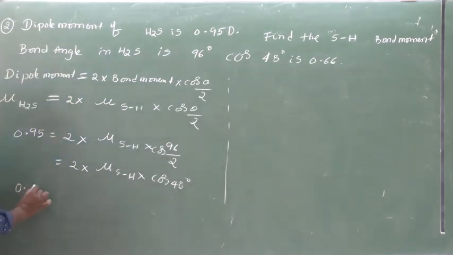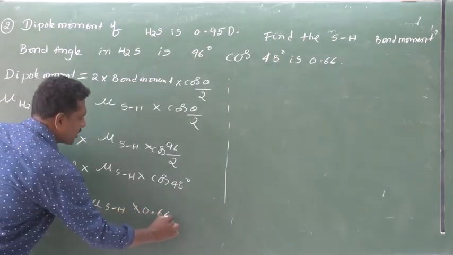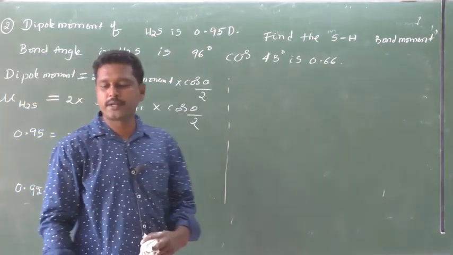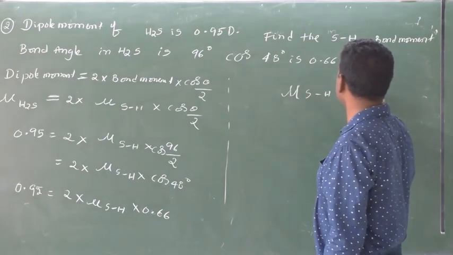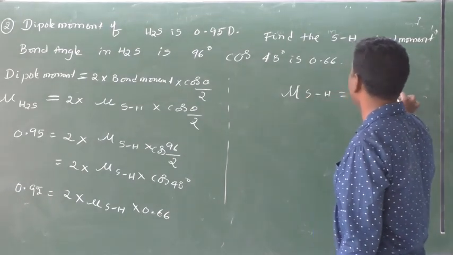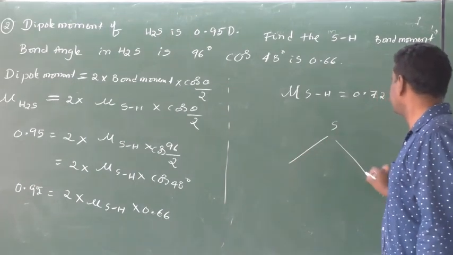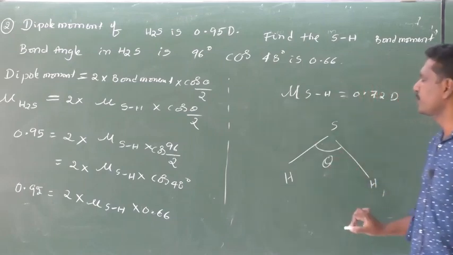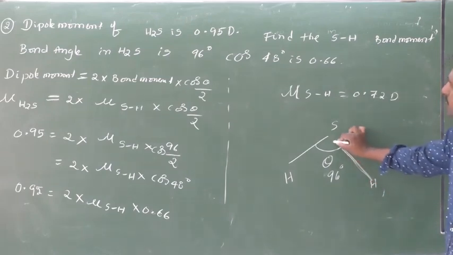So 0.95 equals 2 into mu SH into 0.66. Here we get mu SH equal to 0.72 debye. Here this is sulfur in H2S, this theta is given as 96 degrees, and you have to calculate this bond moment.